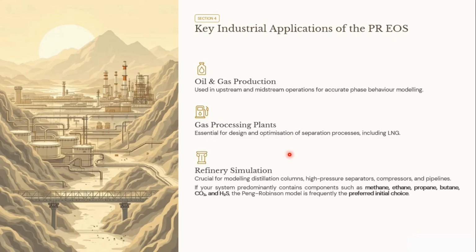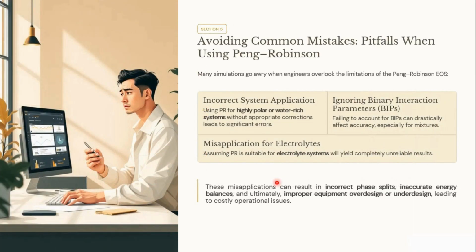Refinery simulations, crucial for modeling distillation columns, high pressure separators, compressors, and pipelines. If your system predominantly contains components such as methane, ethane, propane, butane, CO2, and H2S, the most preferred property package is Peng-Robinson.